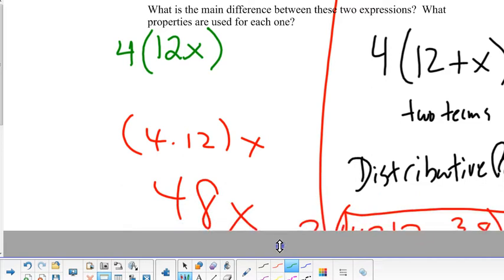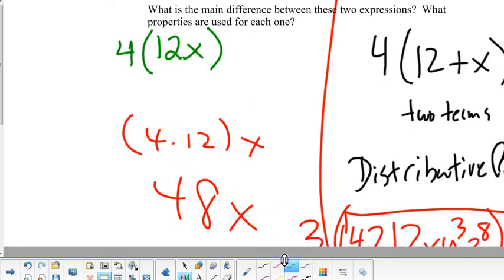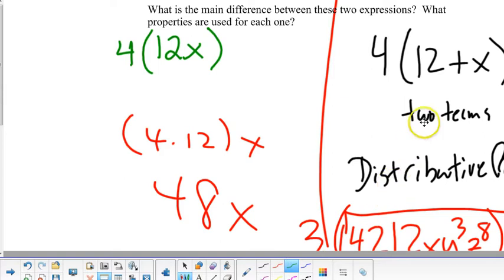So in red, I'm using the associative property to regroup the factors 4 times 12 to make 48 times x, or 48x. And in black here, I would be distributing the 4 into both of these terms to get 48 plus 4x.